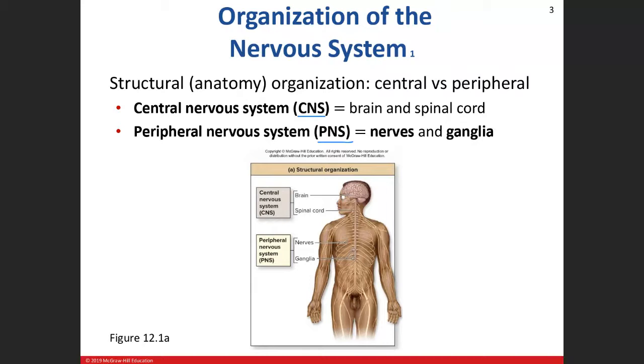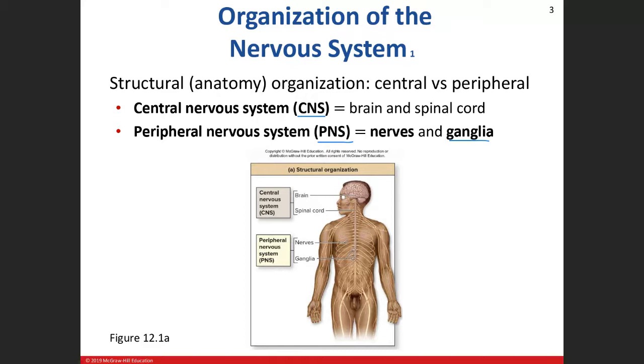And then ganglia. If you remember from lab class, and if you don't, that's okay, I'll repeat myself, when we were talking about the nerves, a nerve is a parallel bundle of neurons, and a neuron is a nerve cell, and that's going to be in the peripheral nervous system.